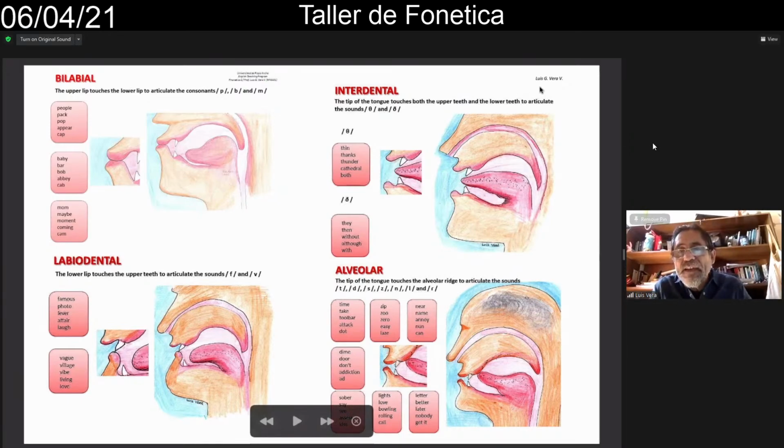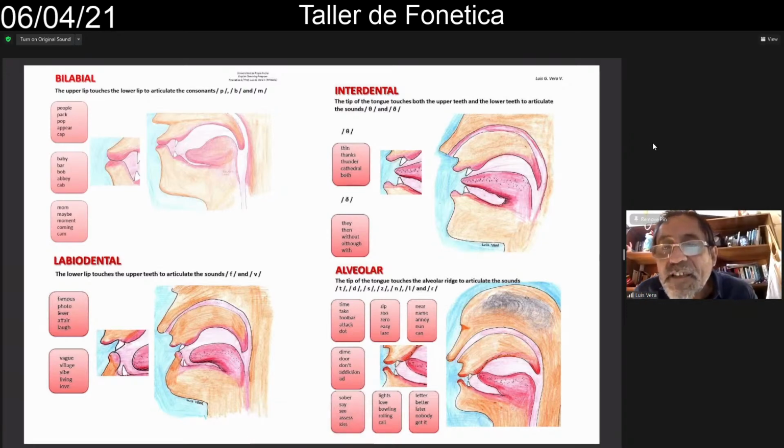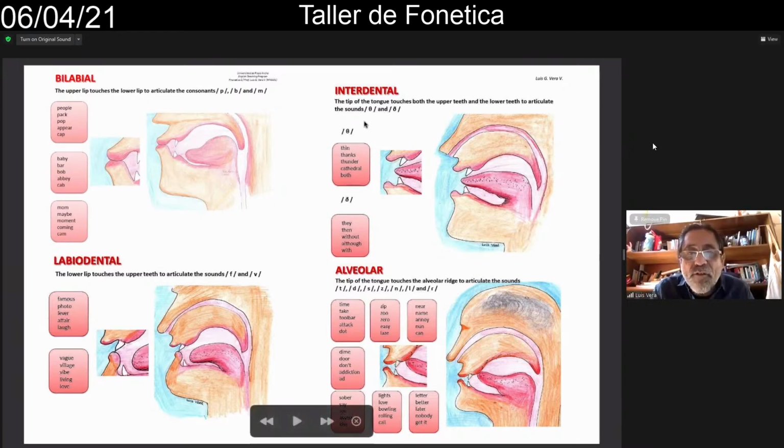Now let's go to the interdental. The tip of the tongue touches both the upper teeth and the lower teeth to articulate these sounds. And notice the symbols. This is crazy.